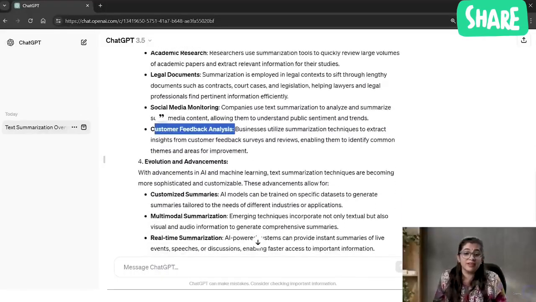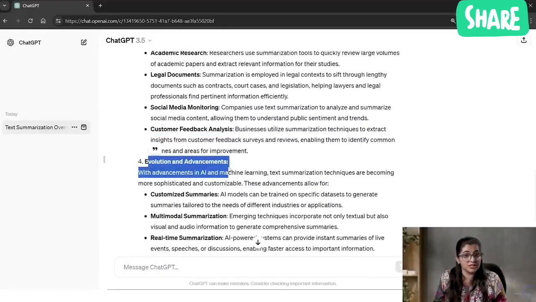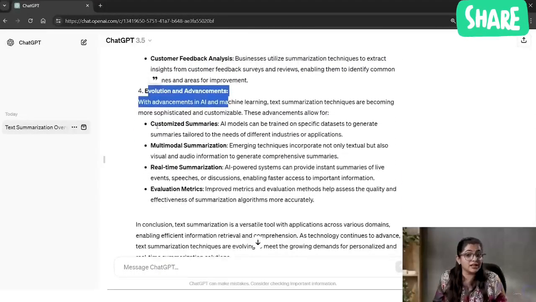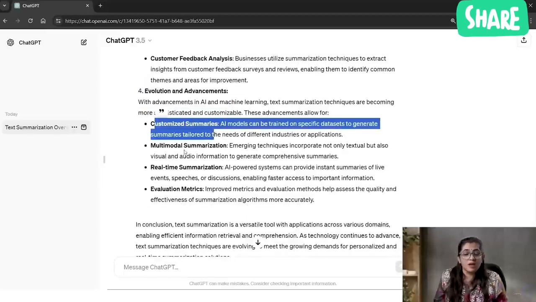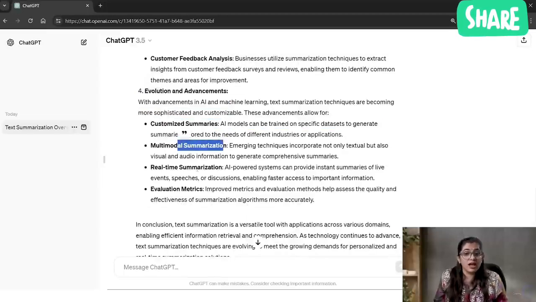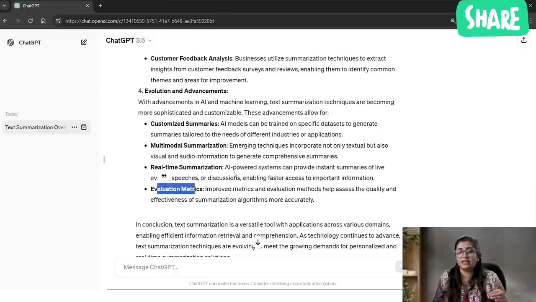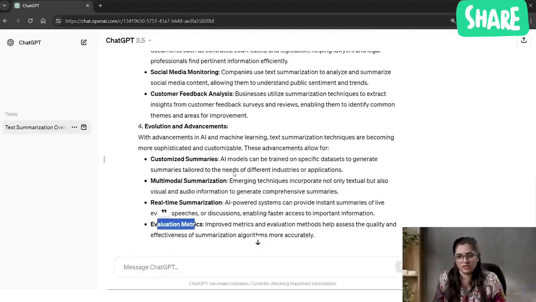Then it is giving the evolution and advancements with time: customized summaries, multimodal summarization, real-time summarization, evaluation metrics, various things that have evolved in text summarization.